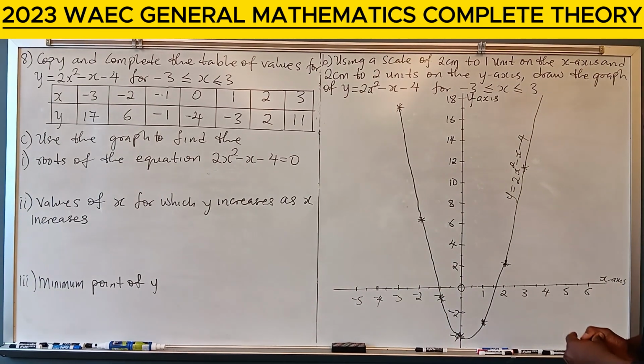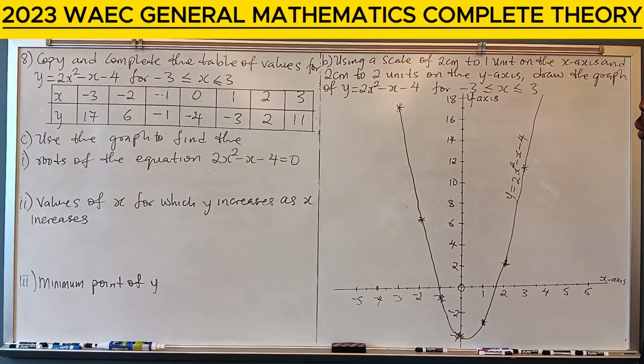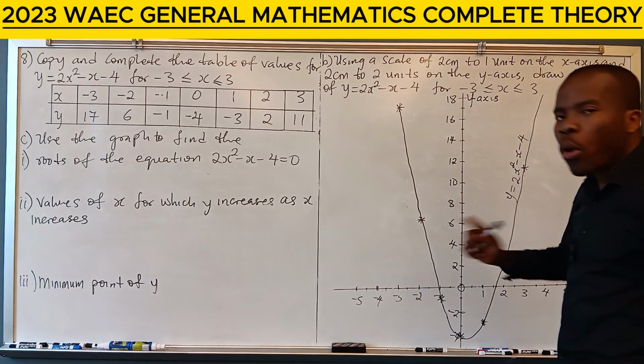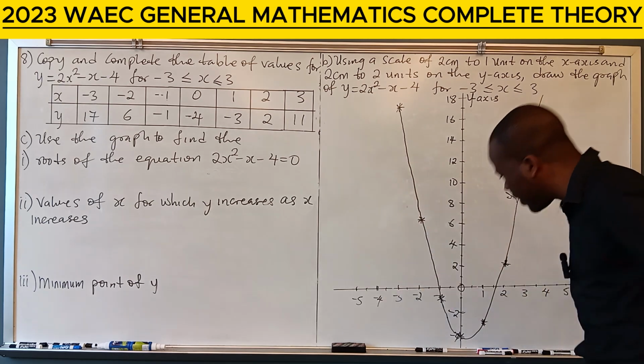This is the graph. The question we want to answer is the root of the equation 2x squared minus x minus 4 equals 0. So we are looking for the root of this equation. The root of the equation is the point where this graph cuts across the x-axis.